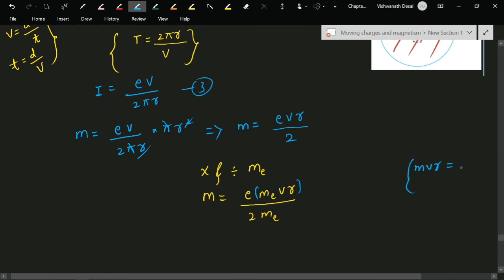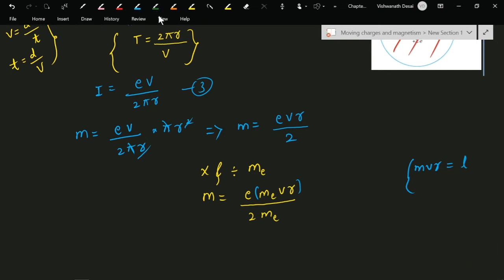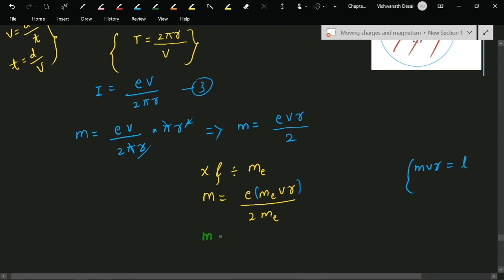This term is nothing but angular momentum. We studied in the first year. So mvr is angular momentum. Therefore, m, the magnetic dipole moment, is equal to e divided by 2me times L. And this is the final expression for the magnetic dipole moment of a revolving electron.